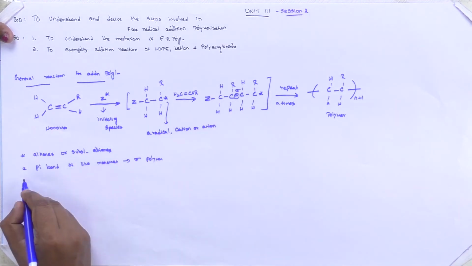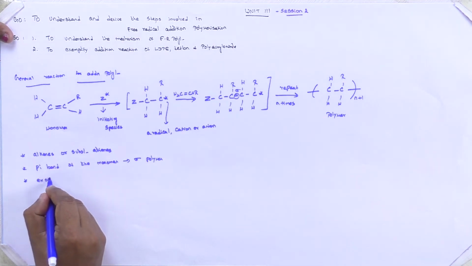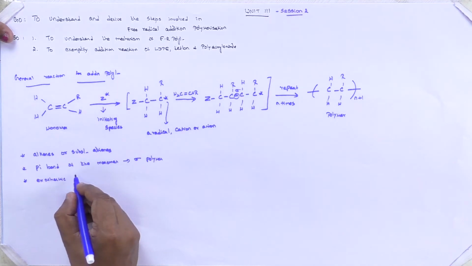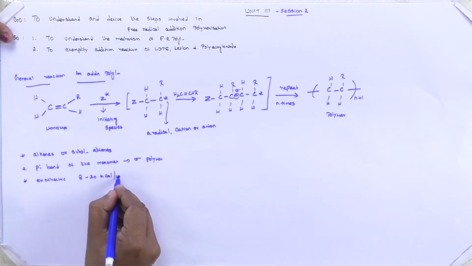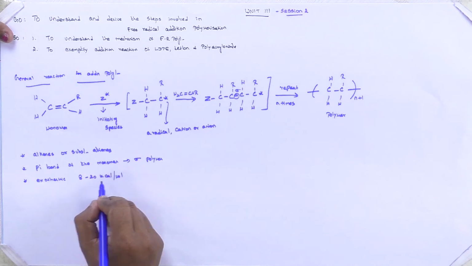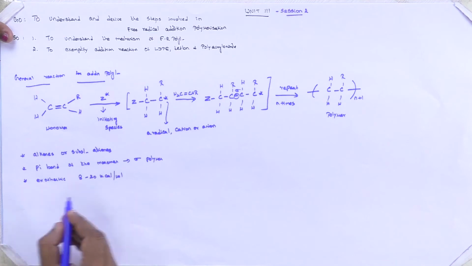So, this is what takes place in an addition polymerization, and most addition polymerization is found to be exothermic in nature, where the energy released is between 8 to 20 kilocalories per mole.